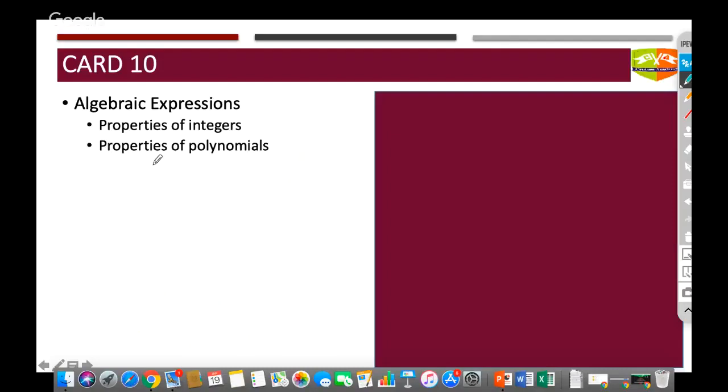Let me start with discussing properties of integers first. The first property of integers is pretty simple, and I'm writing all the properties here. The first property is that the sum of any number of integers will always be an integer.